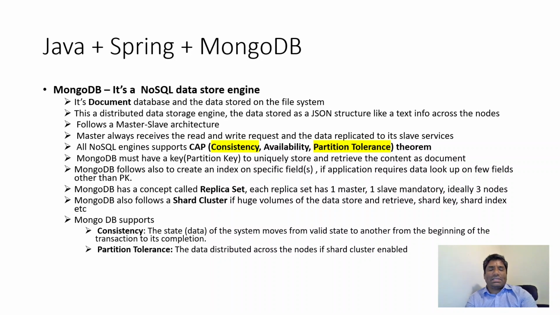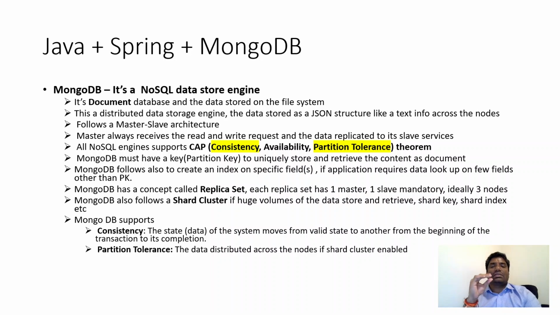So as I was telling, there are different forms of Mongo clusters. One is a replica set. What is a replica set? Ideally, there will be a master and there will be slaves. That means your application always talks to the primary or master service for reading or writing content. That will be replicated to the slaves over a period of time.